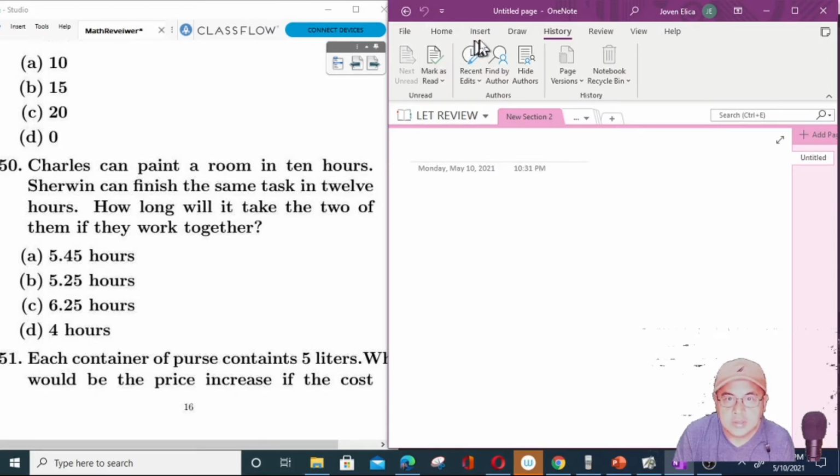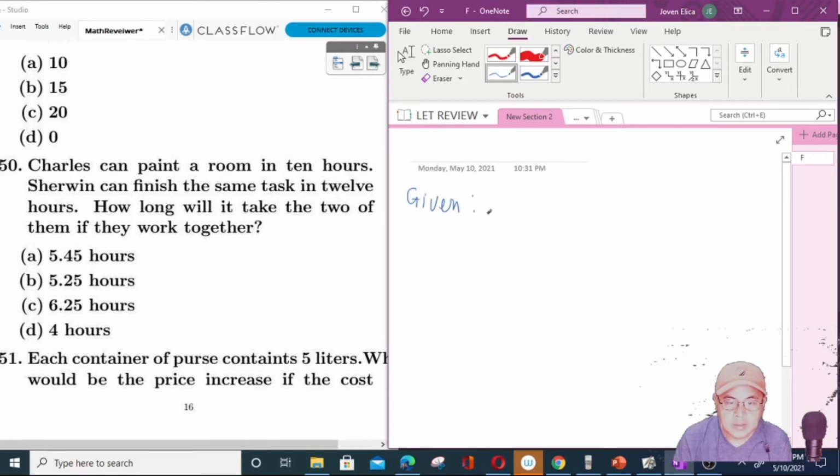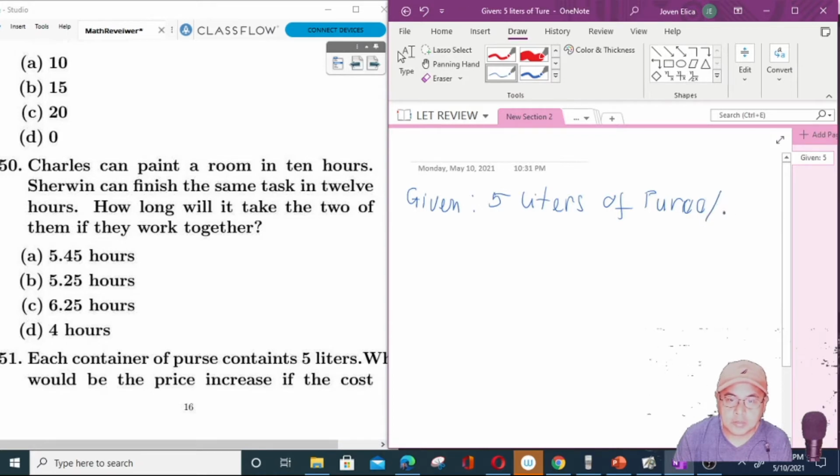The given here is 5 liters of puree per container. That is the given.